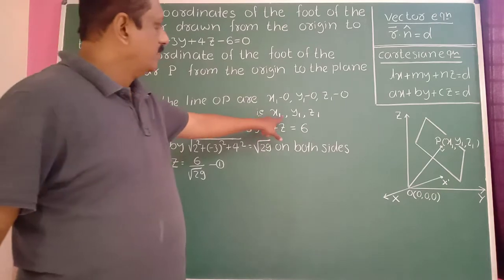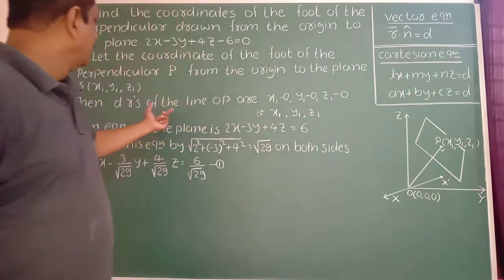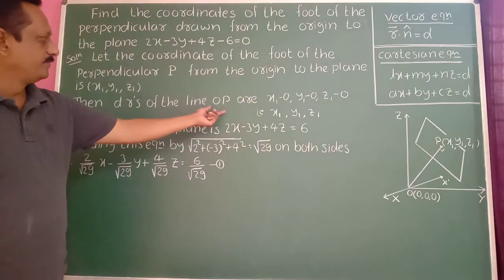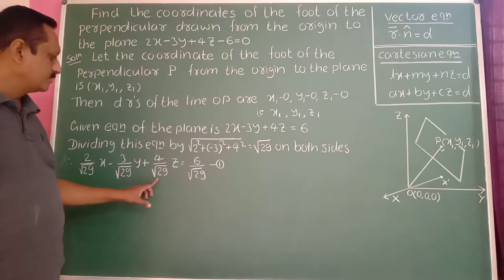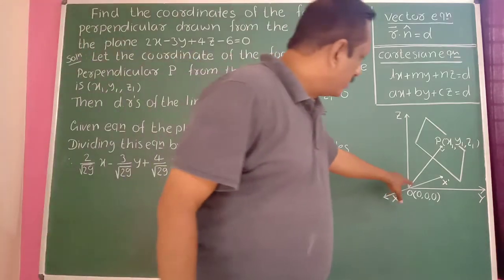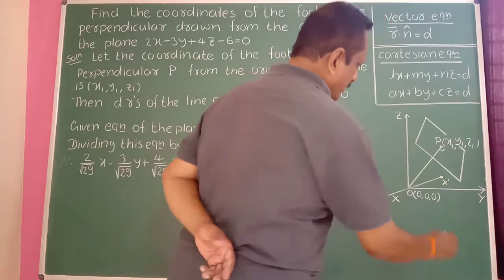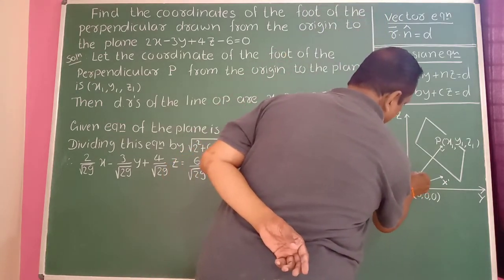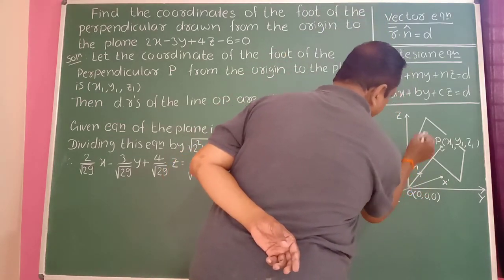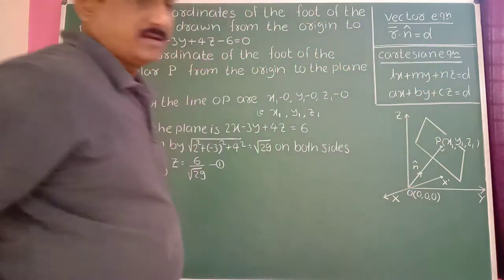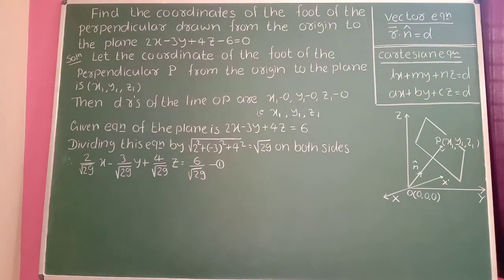Here x1, y1, z1 are the direction ratios of line OP, and these are the direction cosines of the normal. N cap is a unit vector along the normal OP.